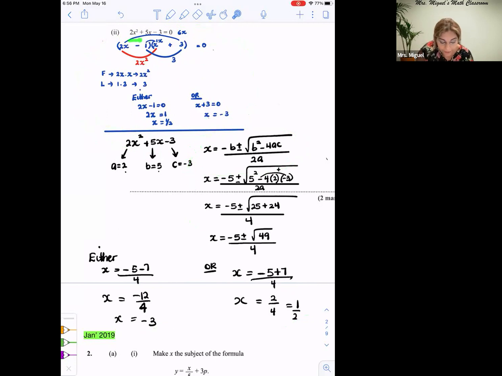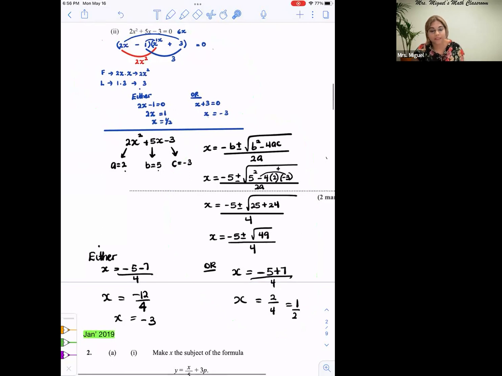Please, if you see a quadratic to solve, because they did say in the broad topic they are bringing a quadratic for you to solve, and you cannot use the trial and error method, please use the quadratic formula. All right, so let me leave this up for a minute or two in case you want to take down anything, and we will move along.